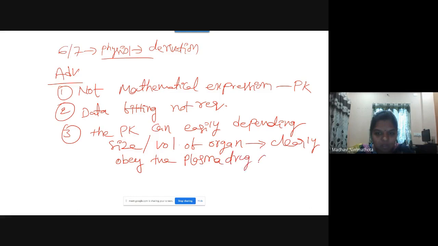Plasma drug concentration curve, what we learned previously, you already know the plasma drug concentration curve.